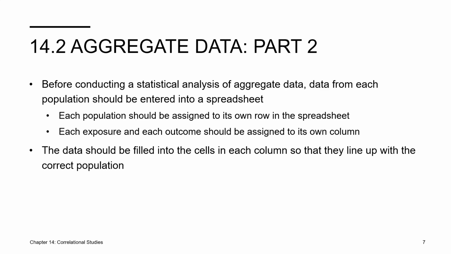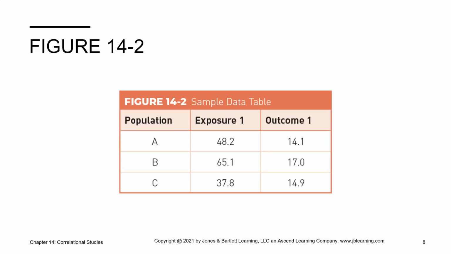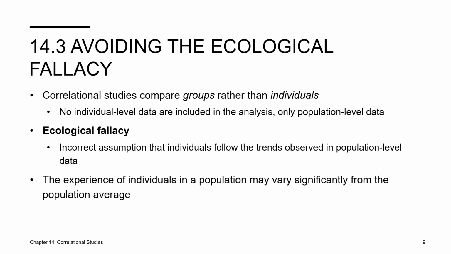Then the data should be filled into the cells in each column so that they line up with the correct population. So figure 14.2 gives an example of this. We have our population in the first column, and then the exposure 1 in the second column, and then the outcome in the third column. So the populations are listed as A, B, and C, and then the average numbers are listed here.